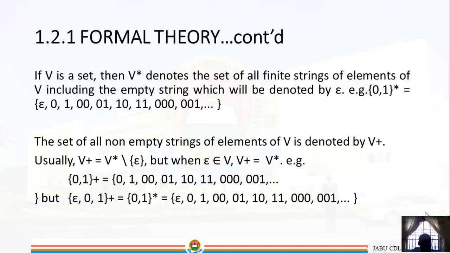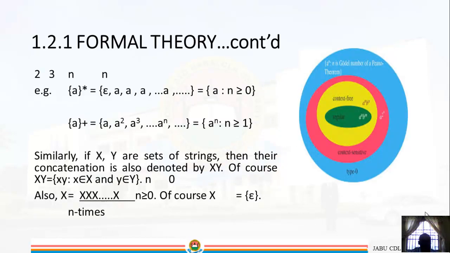So {0, 1} plus will not have the empty string, but {0, 1} star will contain the empty string, followed by 0, 1, 00, 01, 10, 11, and so on.